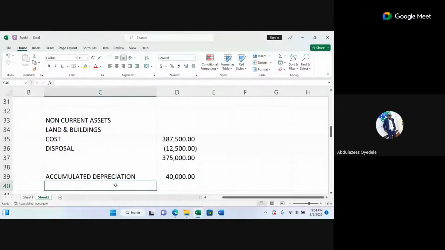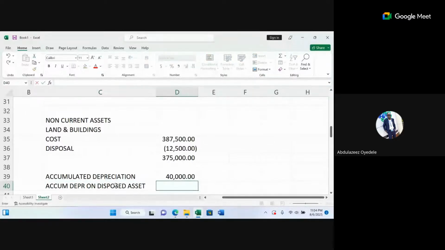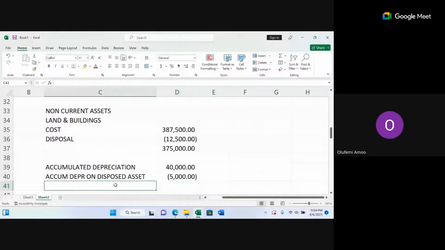So accumulated depreciation on disposed assets, and that is 5 billion, minus 5 billion.